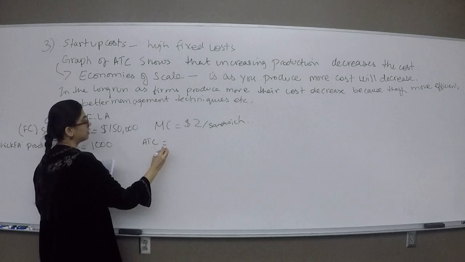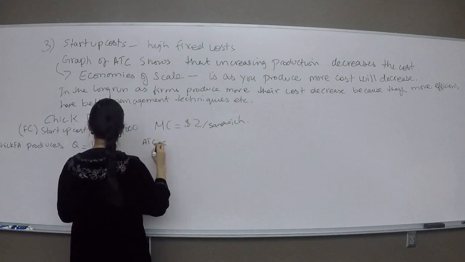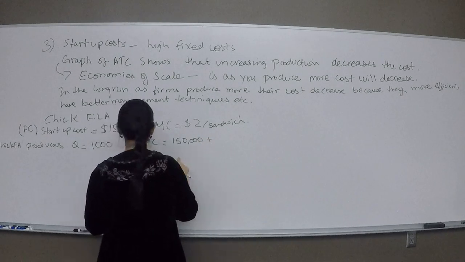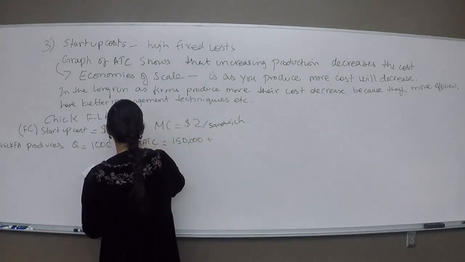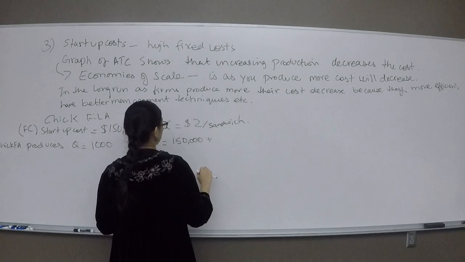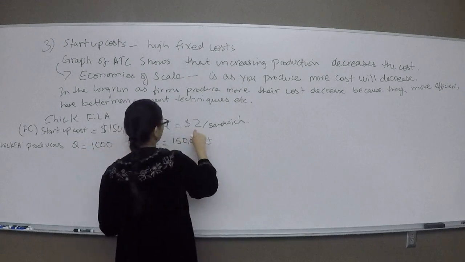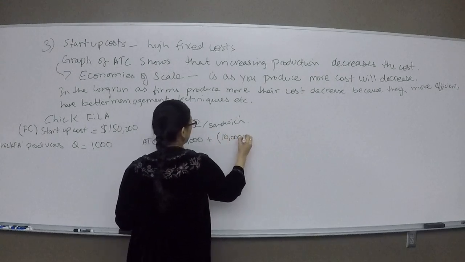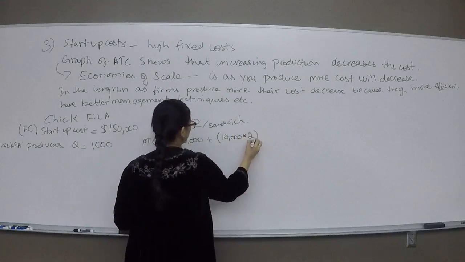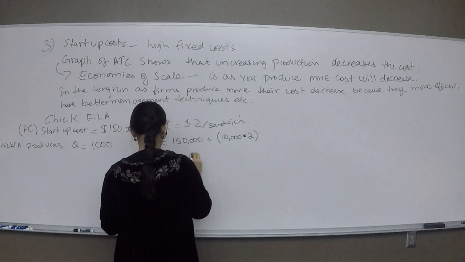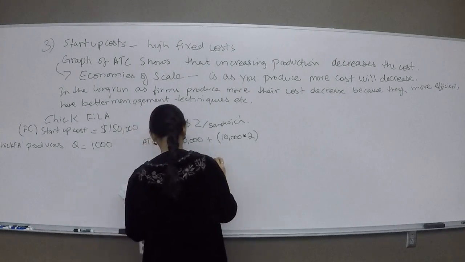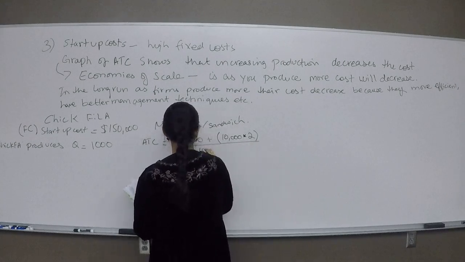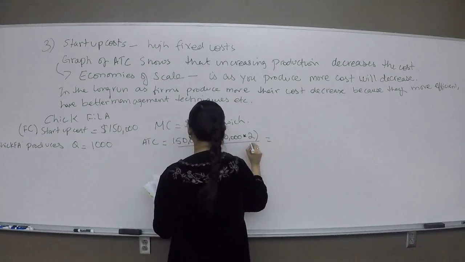So average total cost is their fixed cost, which is $150,000, plus their variable cost, which is how much they're producing times $2. So 1,000 sandwiches they're producing times $2 per sandwich, divided by 1,000 sandwiches.